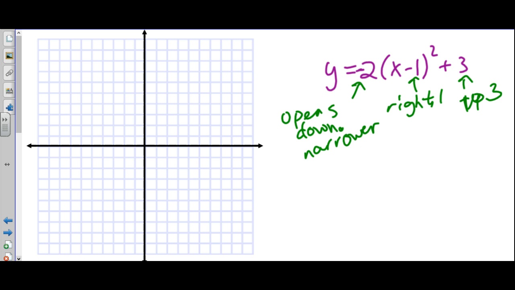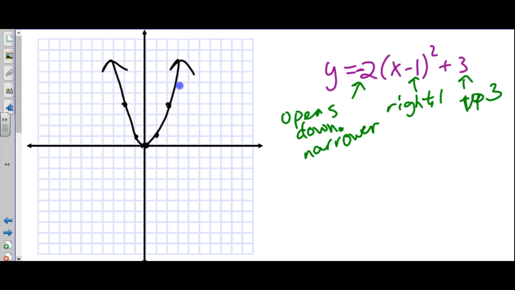So the parent graph is where we start from. Our parent graph looks like that. Then we want to take that parent graph and move the whole thing right 1 and up 3. I can actually drag this around and show you right 1, up 3.